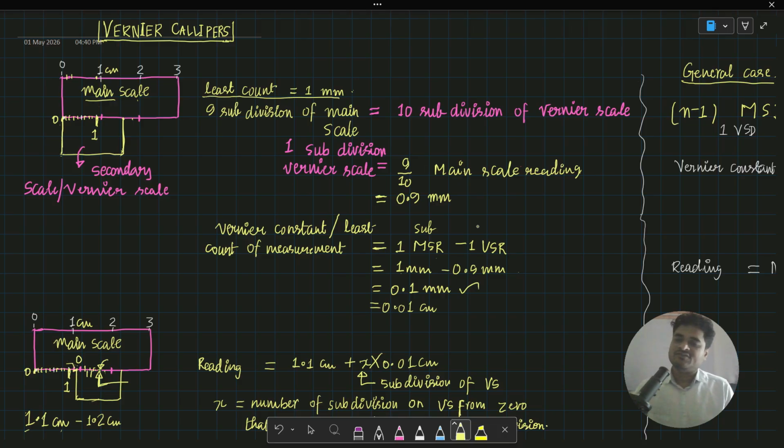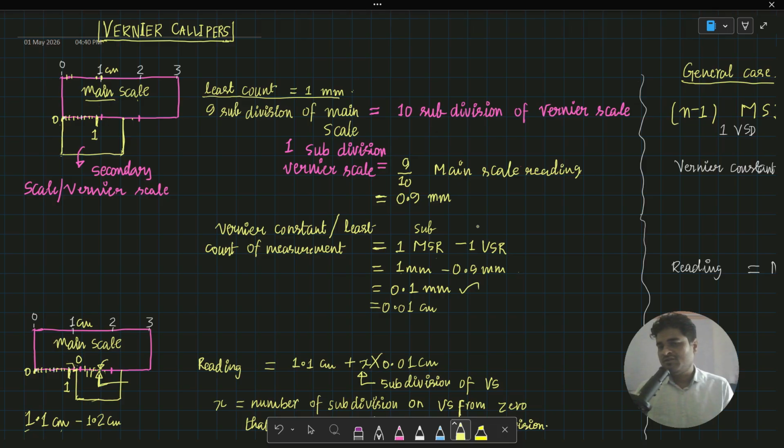So essentially we are taking 9 subdivisions of main scale, which become 9 millimeter, and we are dividing it into 10 parts of secondary scale subdivision. So from here you can see that this is 1 and this is less.